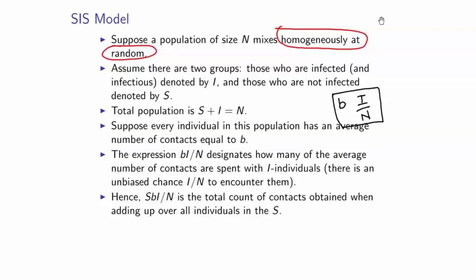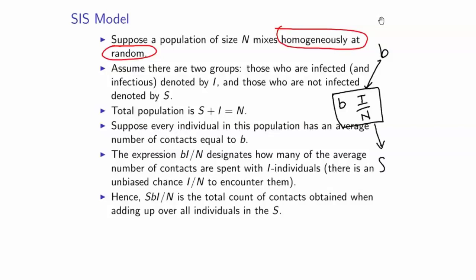Now, if we add that up over the number of individuals in the S compartment, we get S times B I over N. So basically this is what's happening. We start with an average number B. This B is corrected by how many of those contacts are spent with I individuals, and this gives us a quantity per individual, and now we add that up.